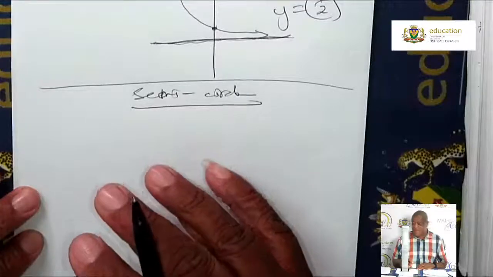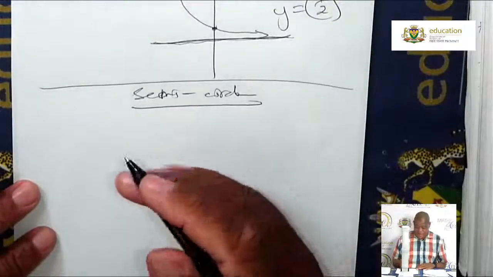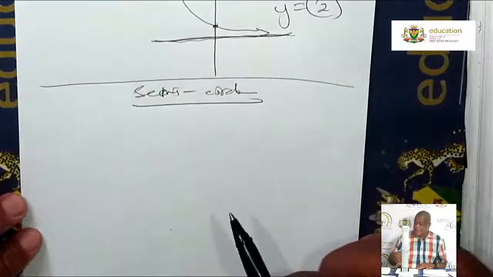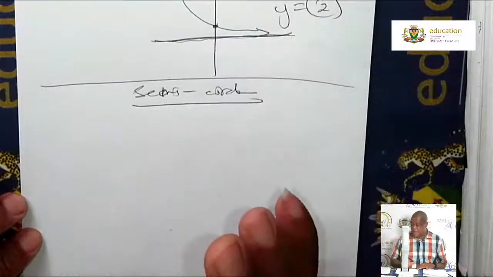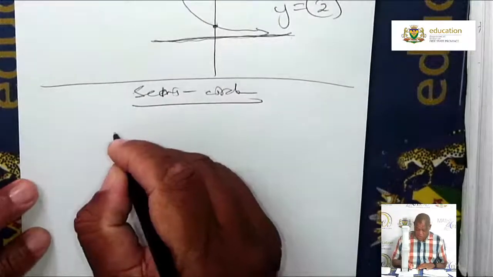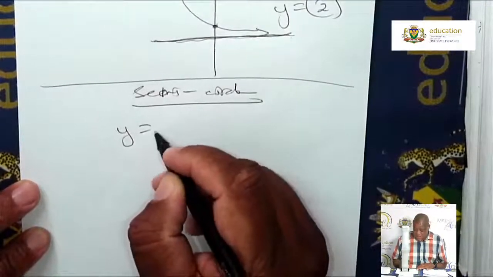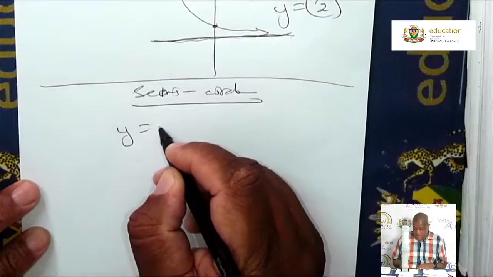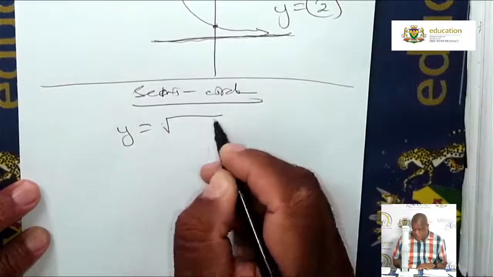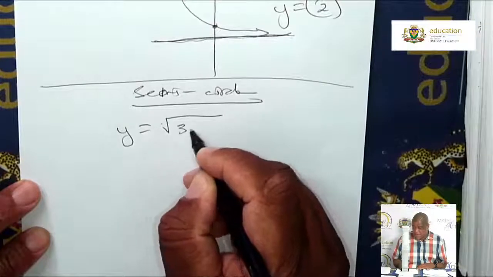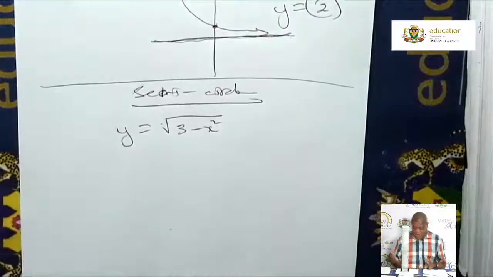On our semicircle, of course, we understand that it's half of a circle, but we're only taking either the top part or the part that appears below. The equation of that will be in the form y equals the positive square root of 3 minus x squared.